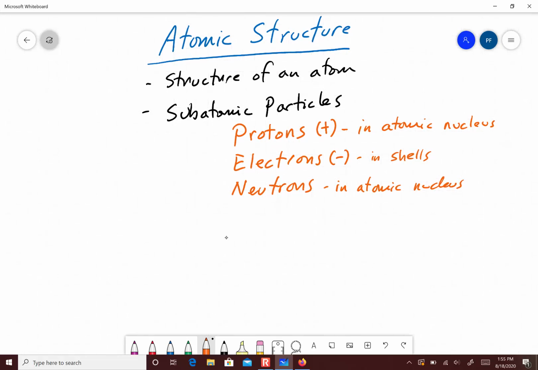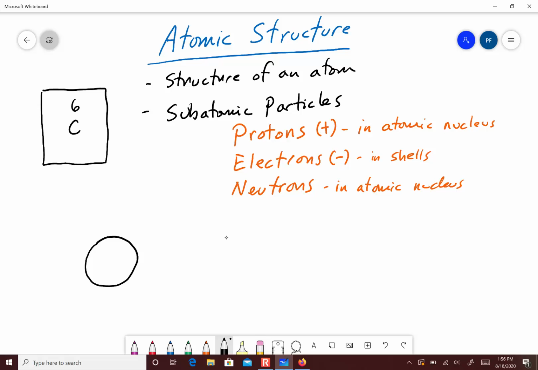All right, so here is the basic idea of atomic structure. The way I draw these, let's say we're looking at something like carbon. We did this in the periodic table lecture video.